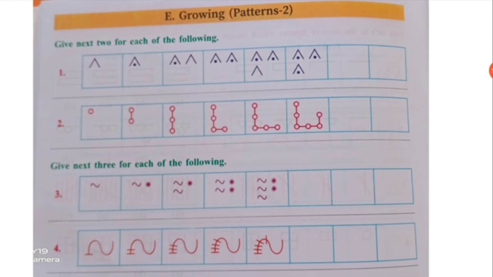So slowly we have to make it grow, like we can see in the first, then second picture. We can differentiate in each picture: first picture, second picture, third picture, fourth picture.